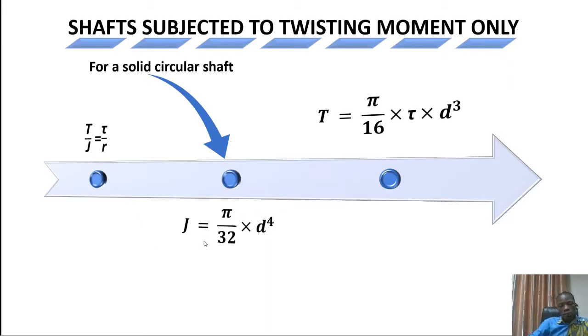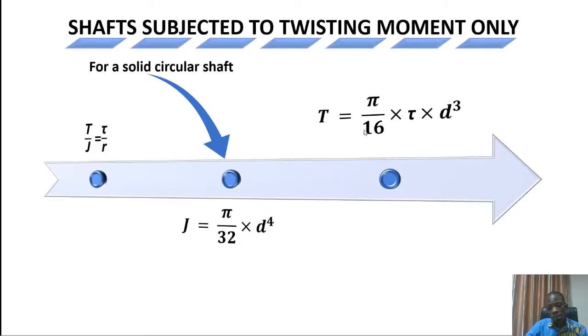The J, which is the polar moment of inertia, is equal to pi on 32 times d exponent 4, where d is the diameter of the shaft. And then the T, which is the torque, is equal to pi divided by 16 times tau times d exponent 3. This equation is an expansion of the previous one where we substitute the value of J and then make T the subject.